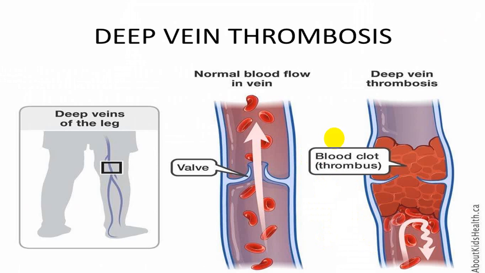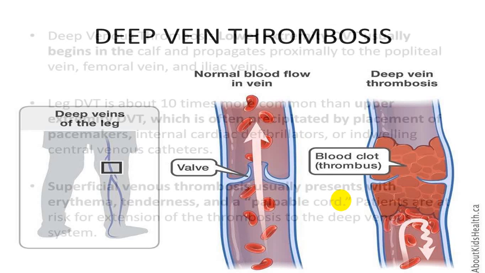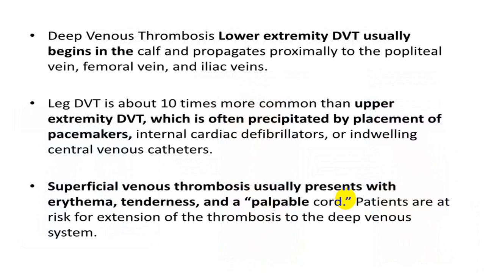The most common site is the lower limb, and then it can end up with what we call a varicose vein also. This is venous thrombosis, usually in a deep vein. So the circulation of perforated veins and superficial veins will be affected and they will become dilated and tortuous. We'll call that a varicose vein.